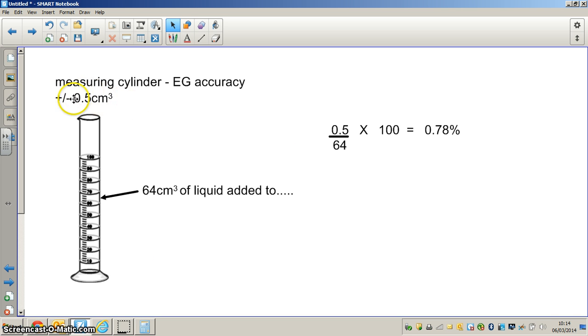I've taken the accuracy of the measuring cylinder, I have divided it by the volume of liquid that I've added to the experiment, 64, and to express that as a percentage I multiplied it by 100. So the percentage error caused by using this measuring cylinder is plus or minus 0.78%.